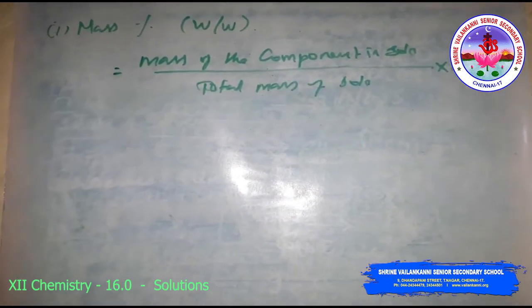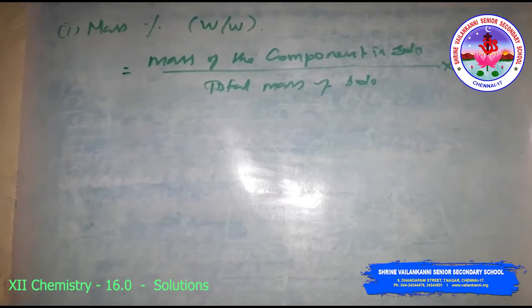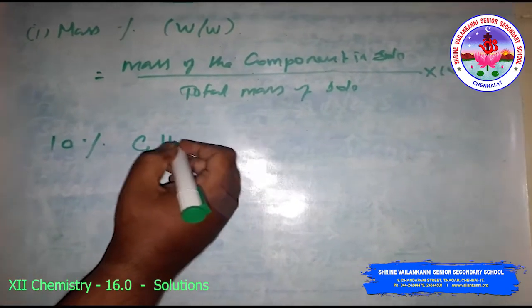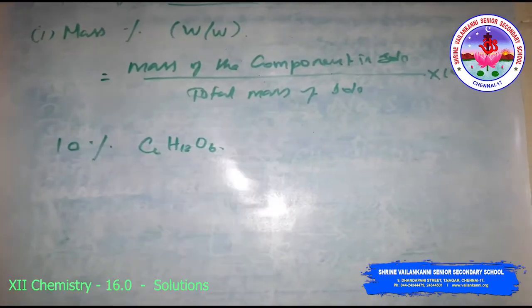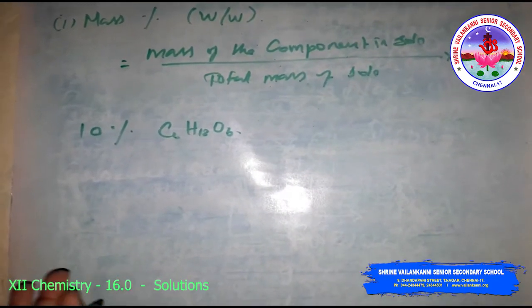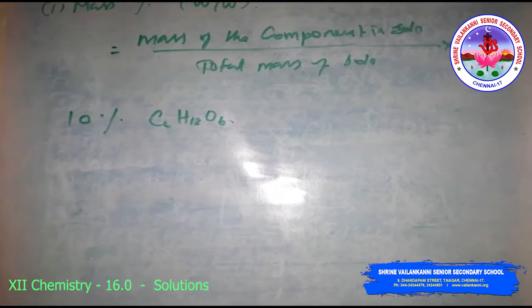For example, a solution described as 10% glucose, C6H12O6, in water by mass means that 10 gram glucose is dissolved in 90 gram of water, resulting in 100 gram of solution.